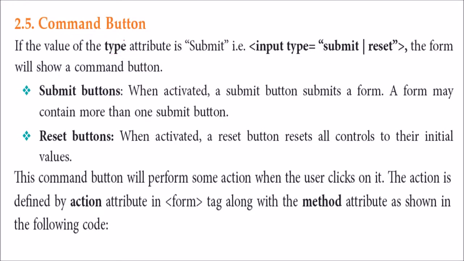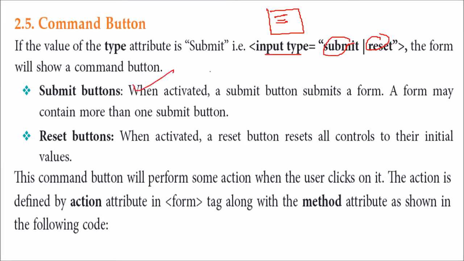Now, the command button, this is a very important button. See, you have filled up the form. Now you want to send it. And you know that sending is via the get or post method. For submitting, the button provided in the form is the input type, which can be submit or reset.